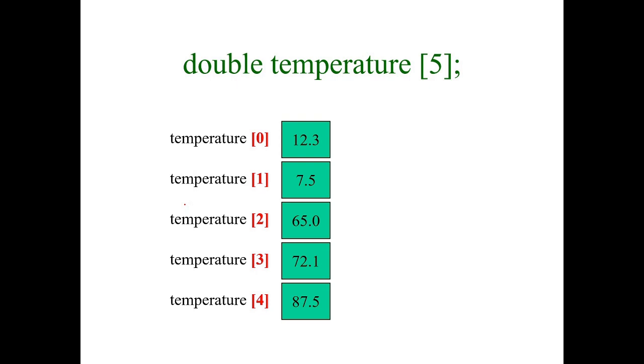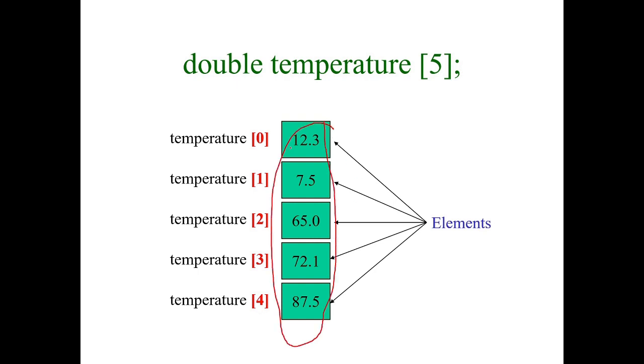So, double temperature 5. You can store 5 numbers here, starting from 0, 1, 2, 3, 4. What you are going to input are what we call elements. So what you input from 0 to 4 are what we call elements.